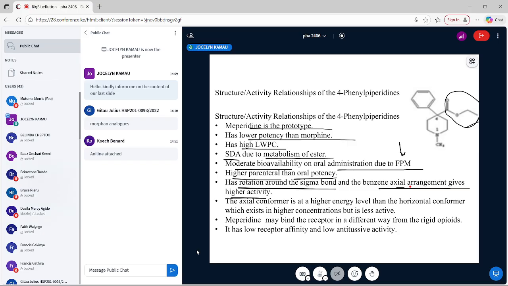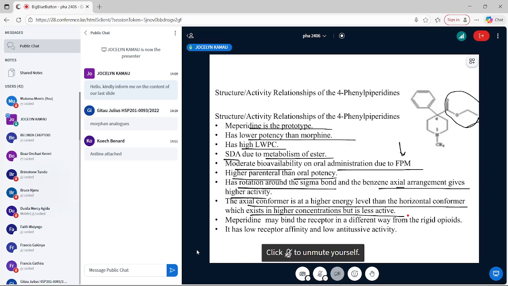Therefore, the axial conformer, which binds the receptor optimally, is also the conformer which is more unstable. It will be at lower concentrations. So the axial conformer is at a higher energy level than the horizontal conformer, which exists in higher concentration but is less active. The horizontal conformer is at a lower energy level, and therefore it will exist in higher concentrations.